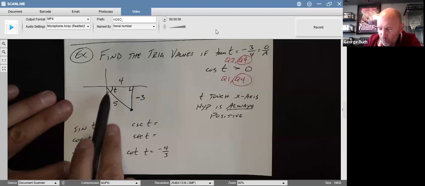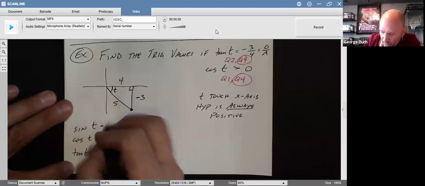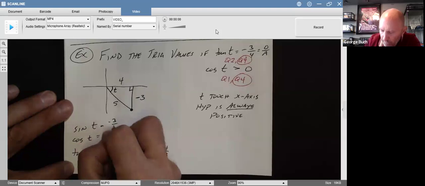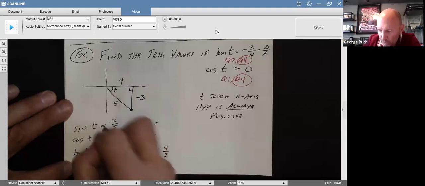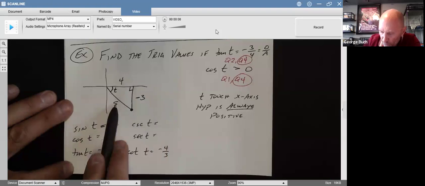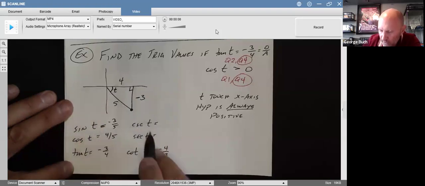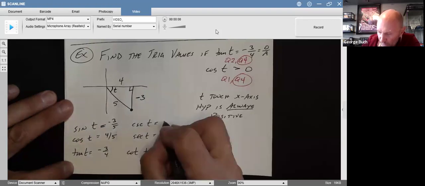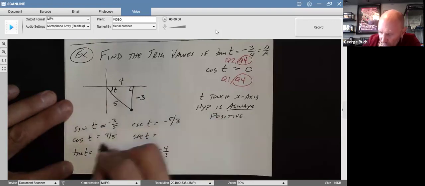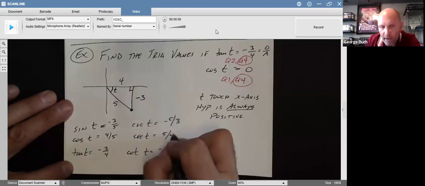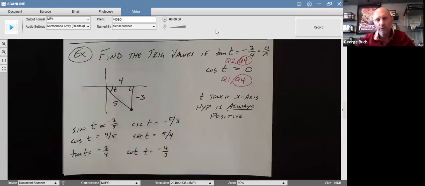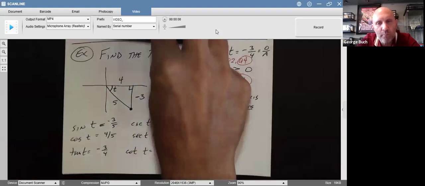Sine is opposite over hypotenuse, -3/5. Cosine is adjacent over hypotenuse, so 4/5. Cosecant, I flip sine, -5/3. Secant, flip cosine, +5/4.